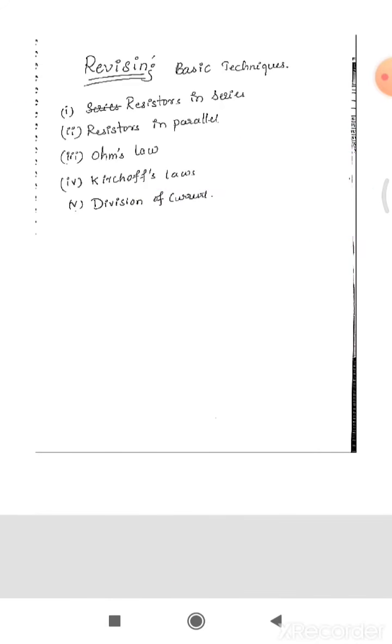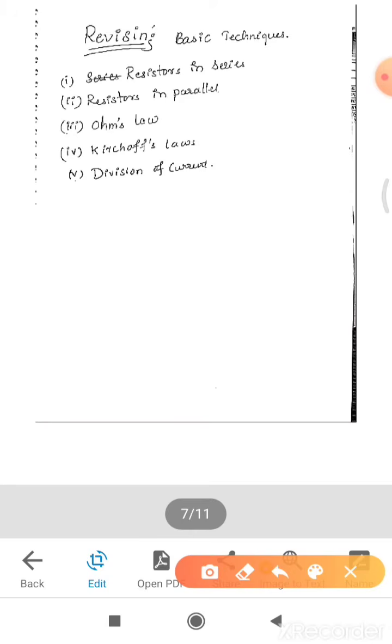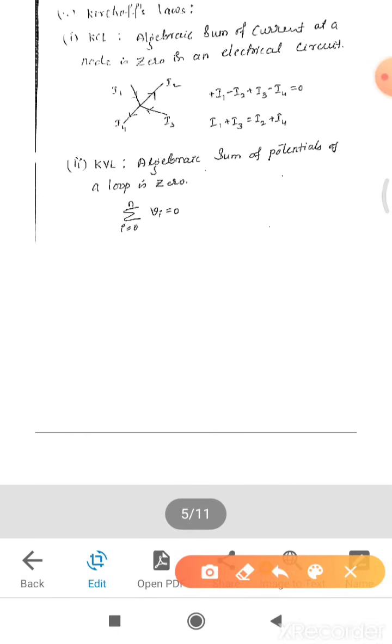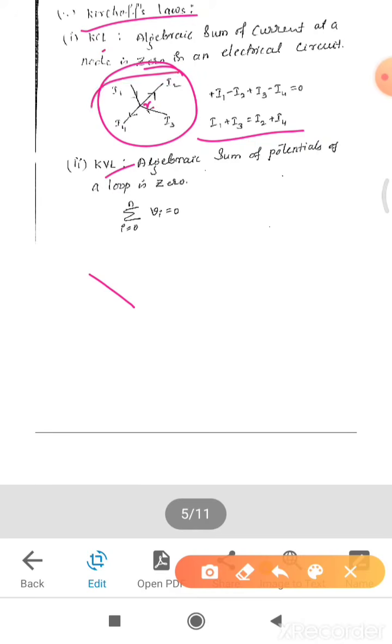KCL is: at a particular node or junction in an electrical circuit, all current entering will be equal to current leaving, or in other words, the algebraic sum of currents at a node is 0. This is about your KCL.